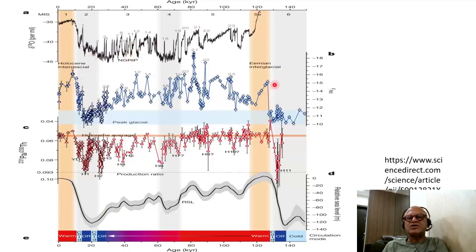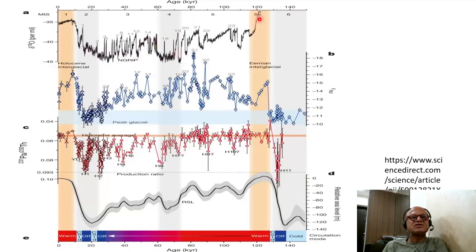This is the Eemian interglacial marked here. So the warm period during the MIS5, MIS6 was here. MIS6 was from 160,000 years ago or so down to 135,000 years or so. 135,000 years ago, you started the glaciation that peaked at 21,000 years, but you had glacials and interglacials in the middle.